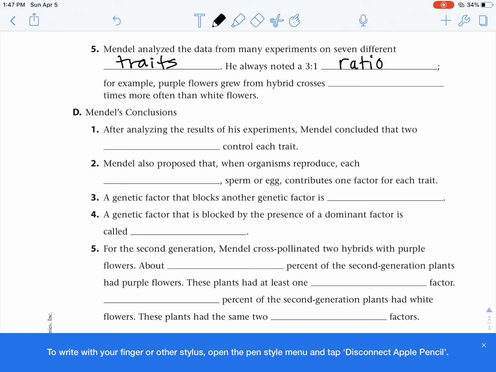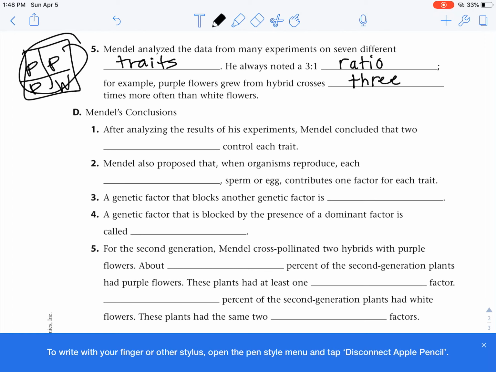For example, purple flowers grew from hybrid crosses 3 times more often than white flowers. So if he had purple, purple, purple, and white. And we're going to look at something just like this, which is called a Punnett square, in our next lesson.